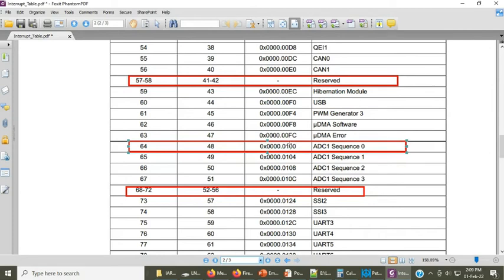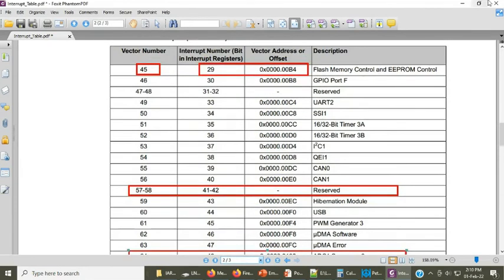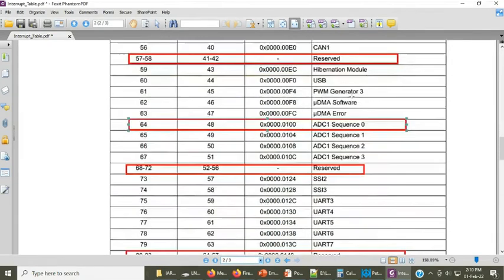We will see how to do that when we go through C programming, but first we are going through the architectural details. Anyone having any doubt in this part?